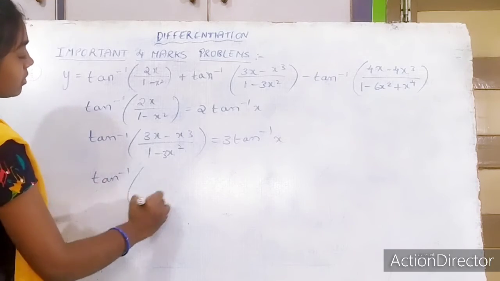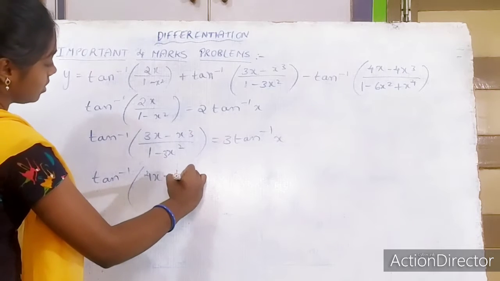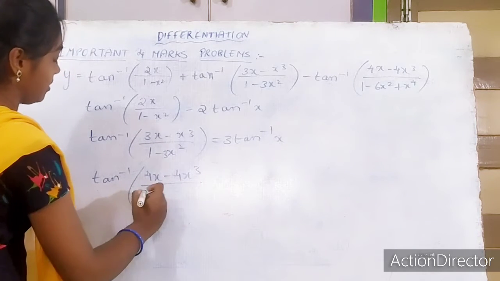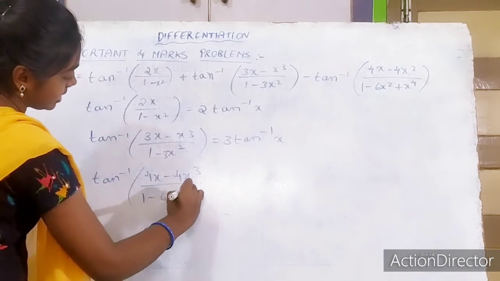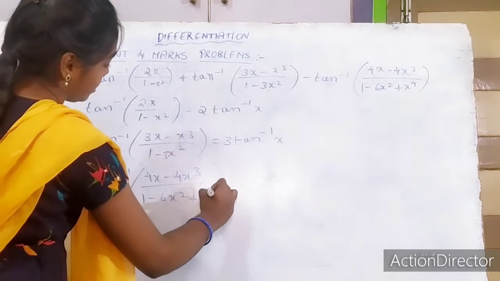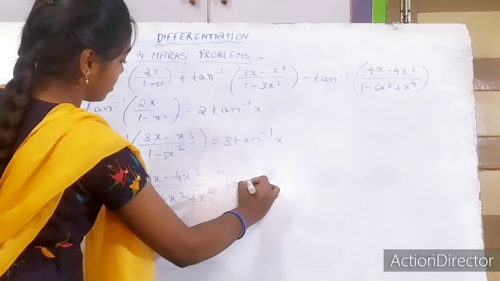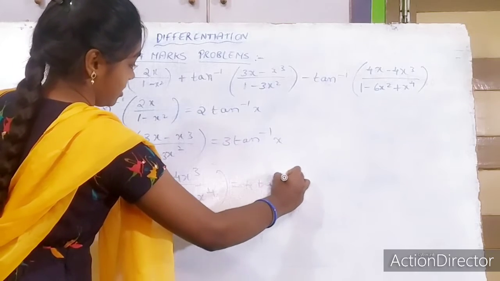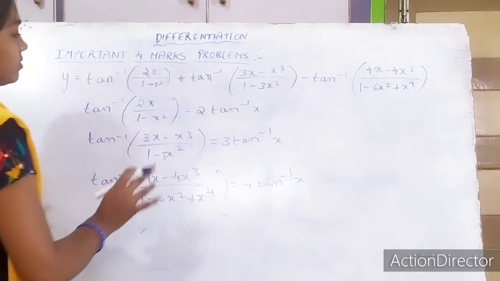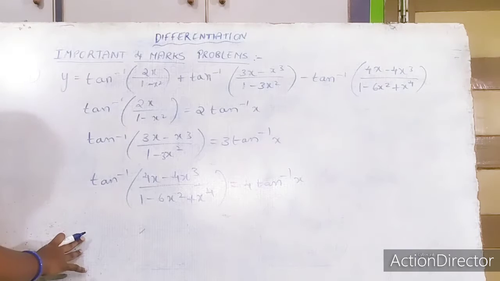Tan inverse of 4x minus 4x cube divided by 1 minus 6x square plus x to the power of 4 is equal to 4 tan inverse x. Remember, these formulas will be useful for your objective.